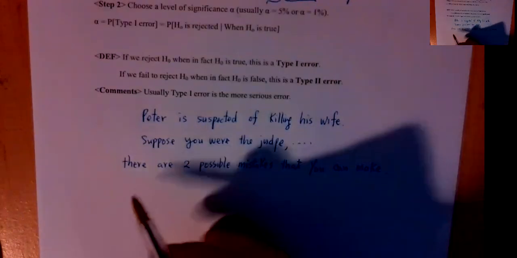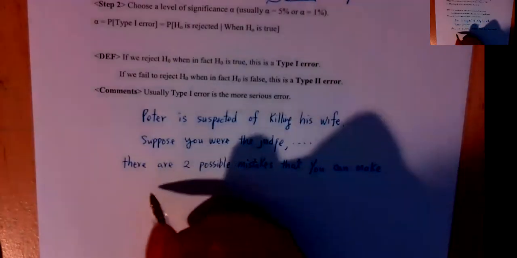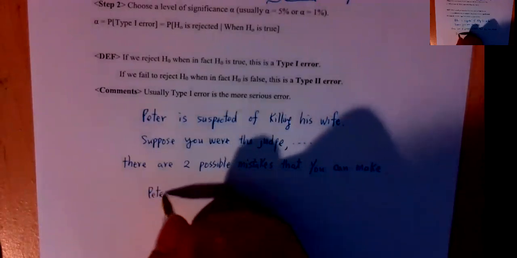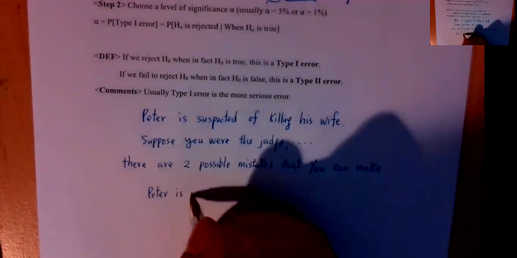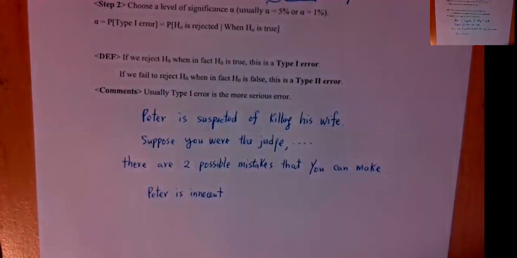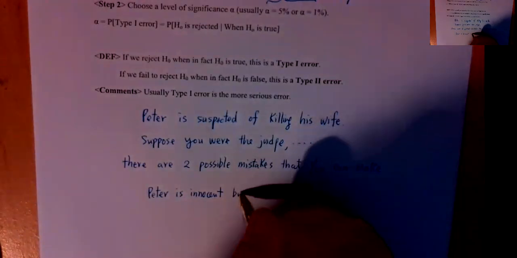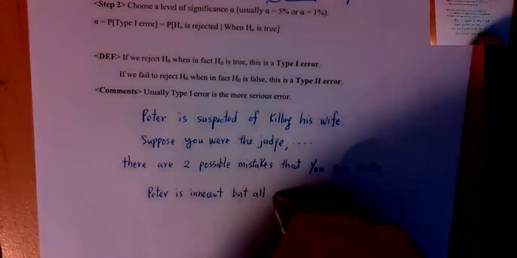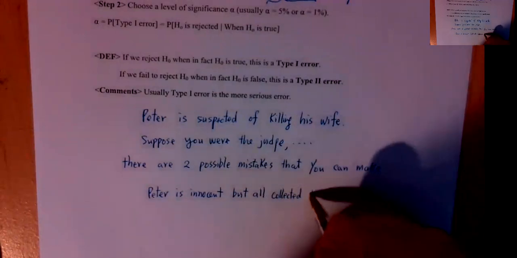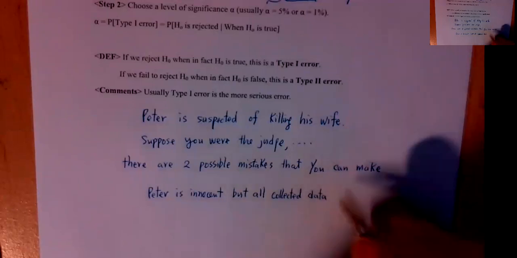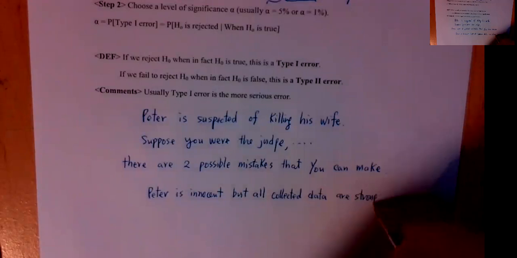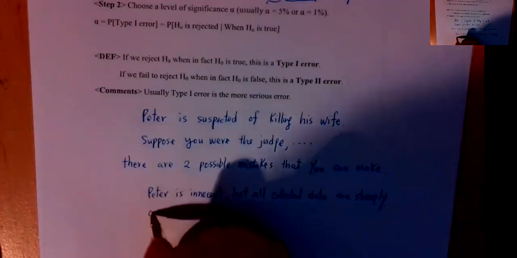The first mistake, okay? Peter is innocent, but all collected data strongly against him.